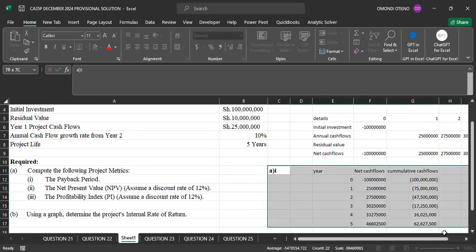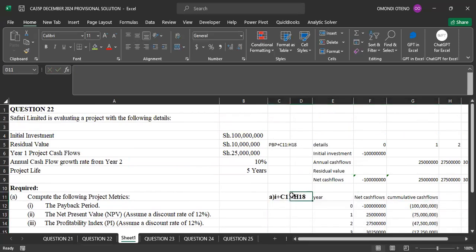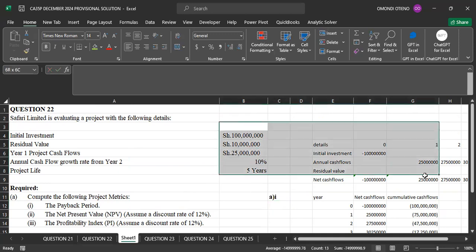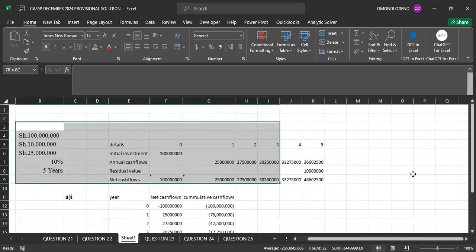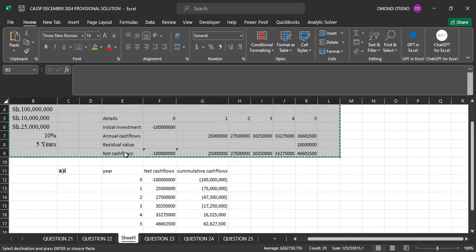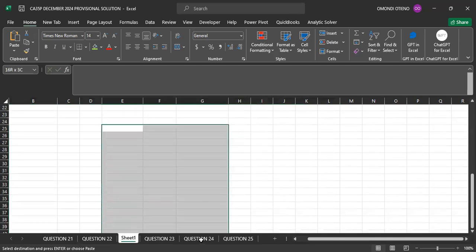That discount rate, so let me just bring these figures down here. I want us to do it in the vertical way.